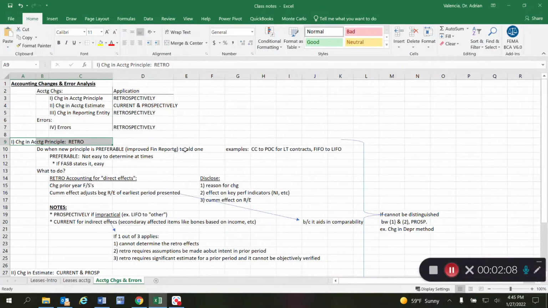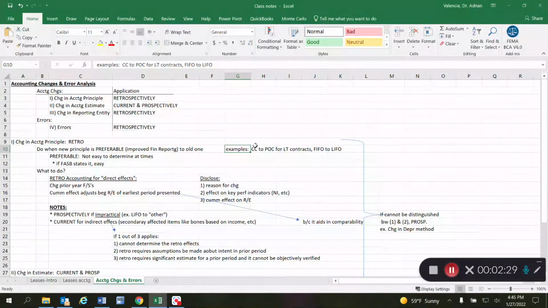Some examples might be, if you're dealing with long-term contracts, you could have the completed contract method that recognizes revenue upon finishing the long-term contract, and you may change to the percentage of completion, where you are allowed to recognize partial revenue as the long-term contract is being completed. So that would be an example of a change in accounting principle.